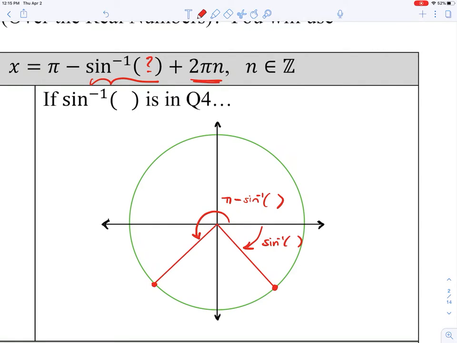Because it would be pi minus a negative angle, because inverse sine of a negative ratio represents a negative angle that terminates in quadrant 4. So pi minus that negative angle would actually be this positive angle that terminates in quadrant 3. And then the plus 2 pi n's, where n is an integer, represent all of the coterminal angles to those angles.